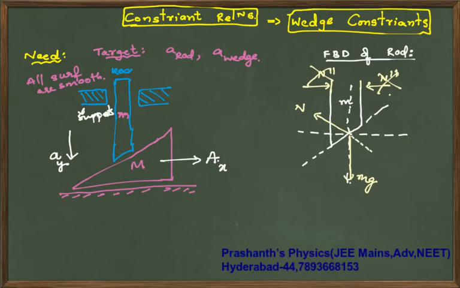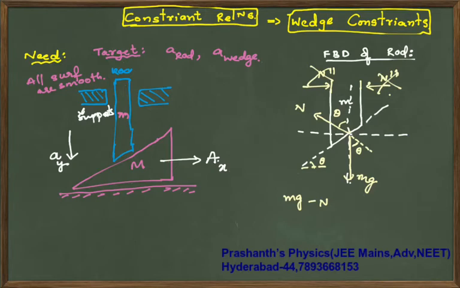Why? Because your body is moving along the y direction, right? Now here this angle is theta. So if you write your equation, mg minus N sin, not sin, it is cos.